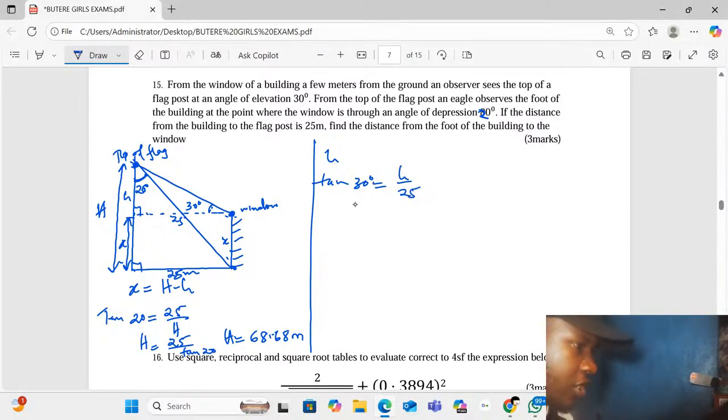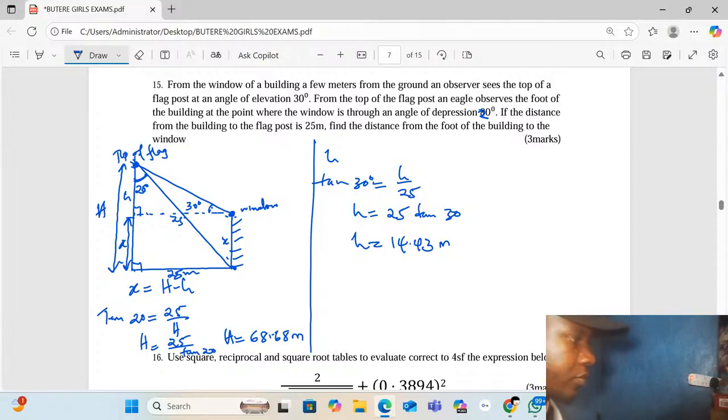Now to get h, it becomes 25 tan 30. When you take 25 tan 30, it becomes 14.43 meters. Now, how do we find x?